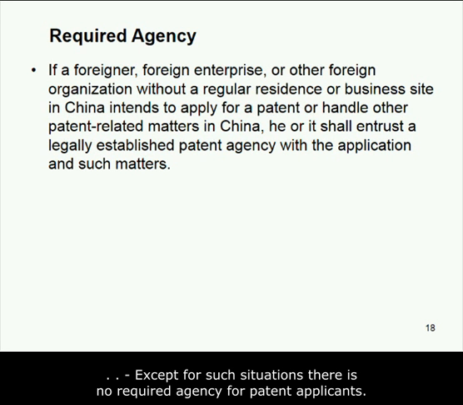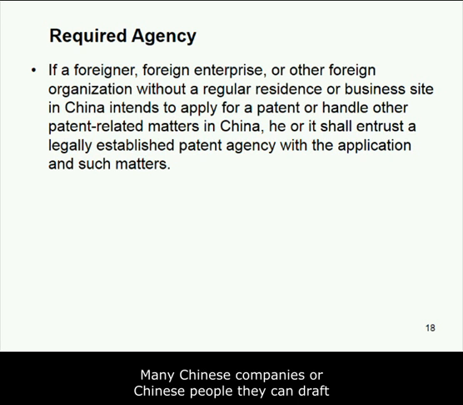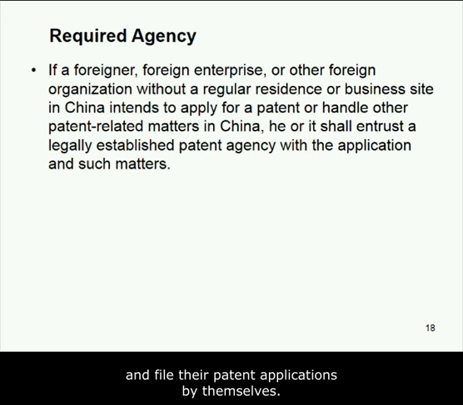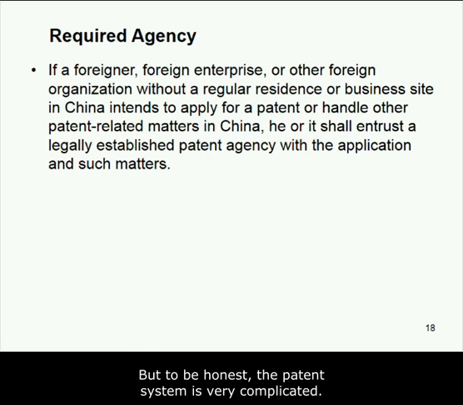Except for such situations, there's no required agency for patent applicants. So many Chinese companies or Chinese people can draft and file their patent application by themselves. But to be honest, the patent system is very complicated. It's better to hire a patent agent to help you.